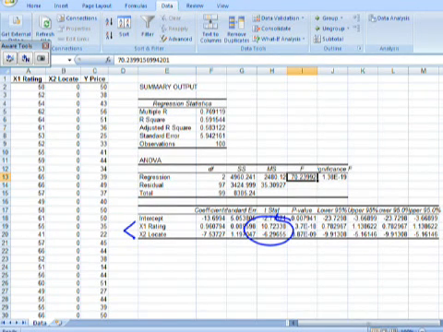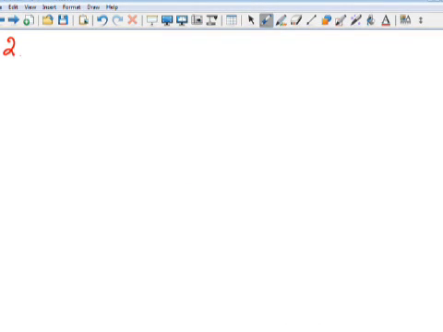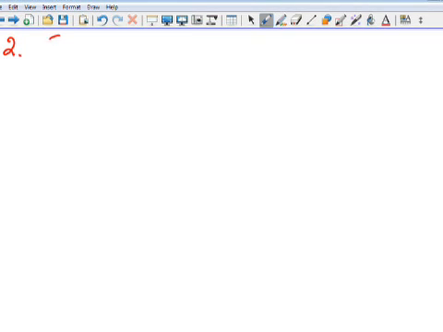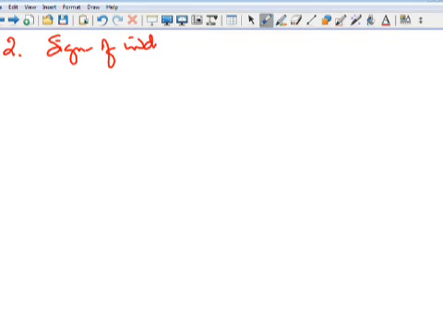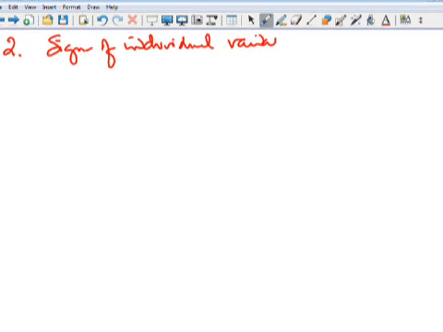Let's first of all look at the significance of the rating, X1. Again, I'm going to do this from a shortcut perspective. This is question 2, significance of individual variables. First, we'll look at X1 rating.